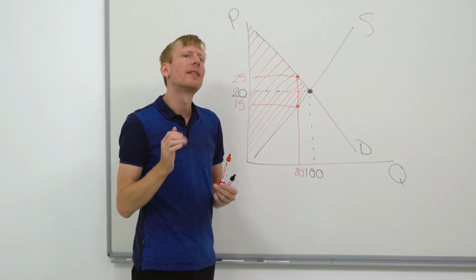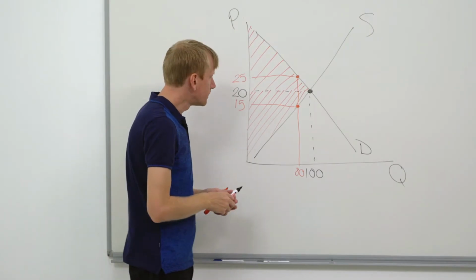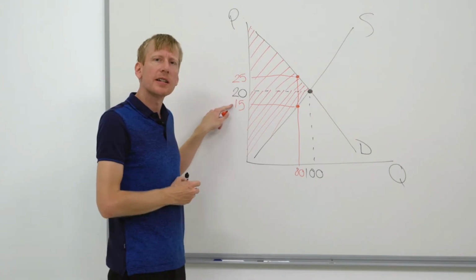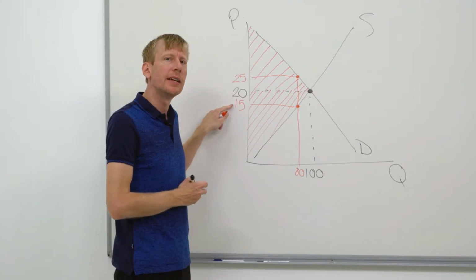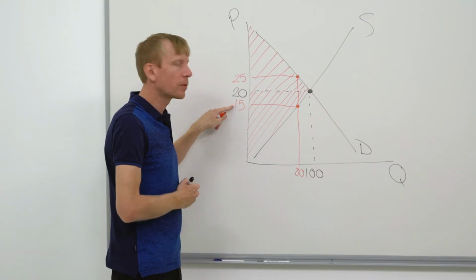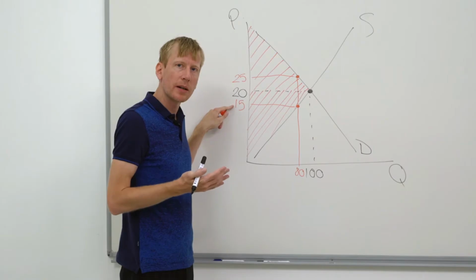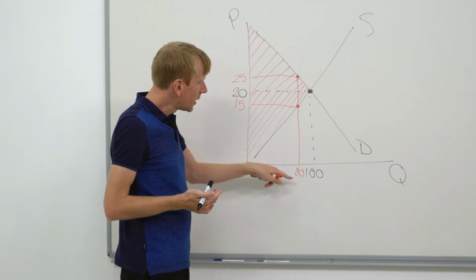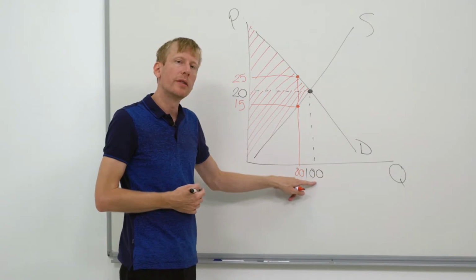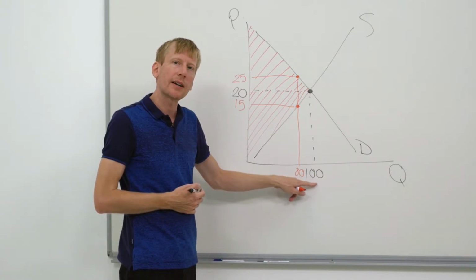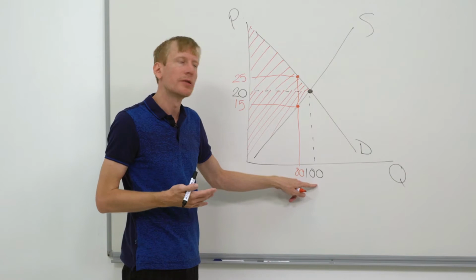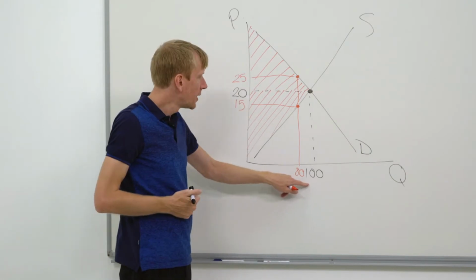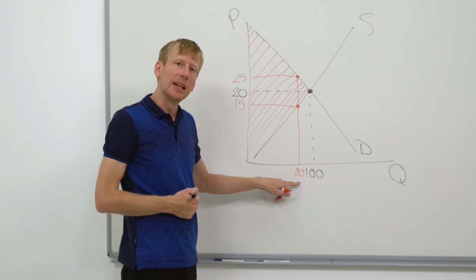Now, with the tax, we noted our sellers are only going to receive 15. If sellers only receive 15, then they don't get as much producer surplus for each unit that they do sell. Also, they're not going to be selling 100 units anymore in the presence of the tax. There aren't as many buyers who are willing to pay 25, so they're only able to sell 80.